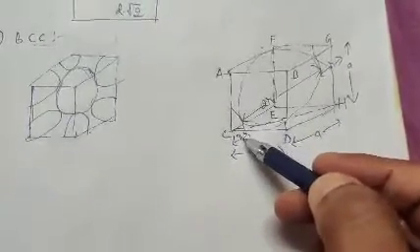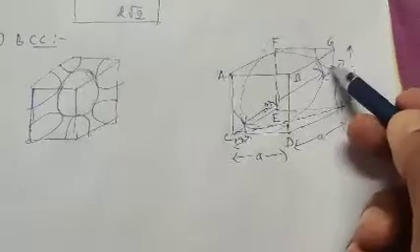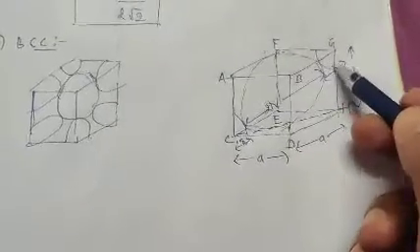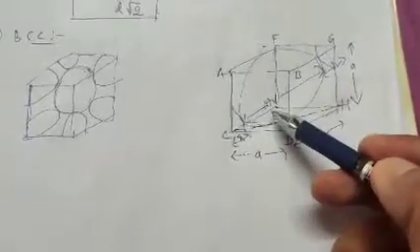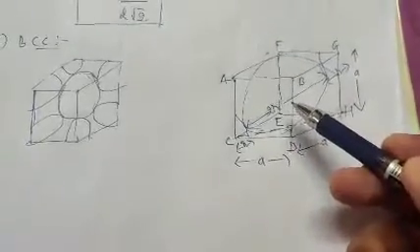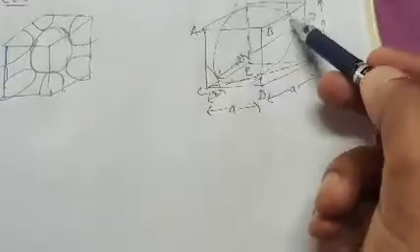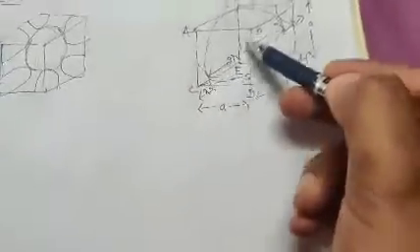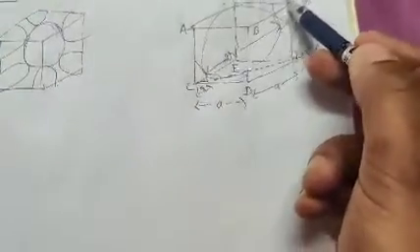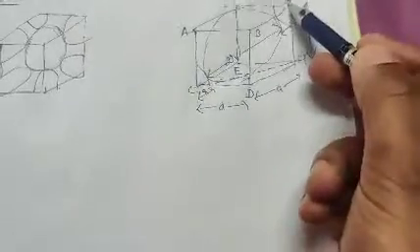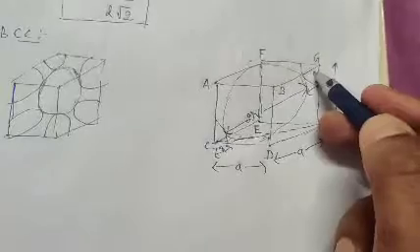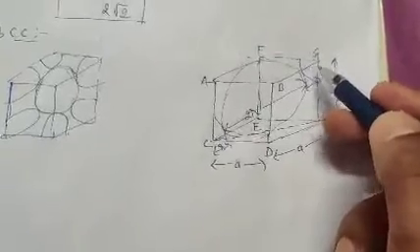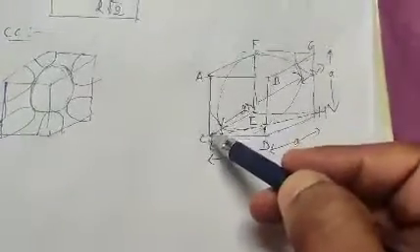The radius of this corner atom will be r, and the radius of this corner atom will also be r. This will be the central atom. Since the radius of the atom is r, this distance will be 2r. So this is a diagonal, therefore the length of this diagonal joining CG will be 4r.